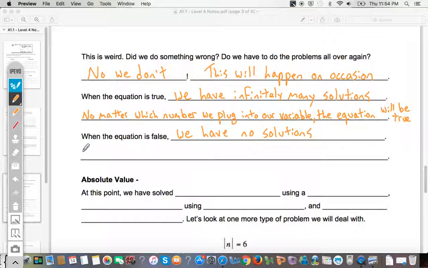So this means that there's no real number we can plug in to make the equation true.